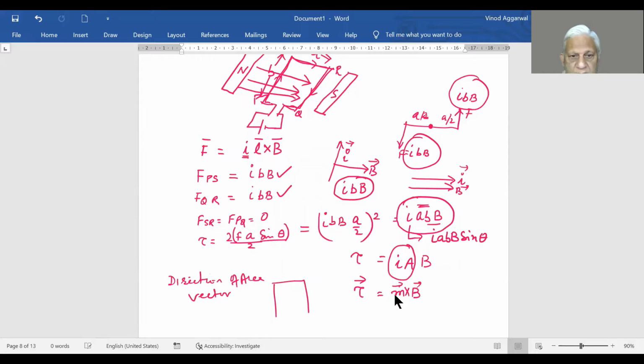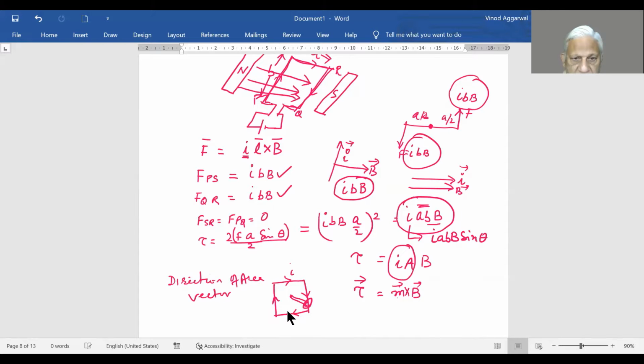If this is our loop, what we do is we put a screw perpendicular to the plane, because the vector is going to be perpendicular to A as well as B, and then we rotate the screw in the direction of current.